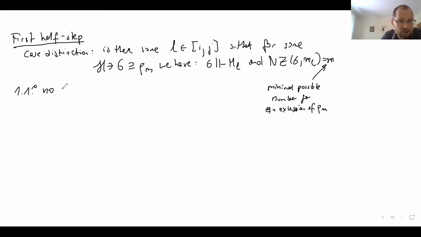In that case, we'll just put I prime to be equal to I. So this is, we're not going to change the top of the interval. And our first half step towards constructing row m+1 is actually done. This will simply be row m plus half will be row m. The second case is where we do work.